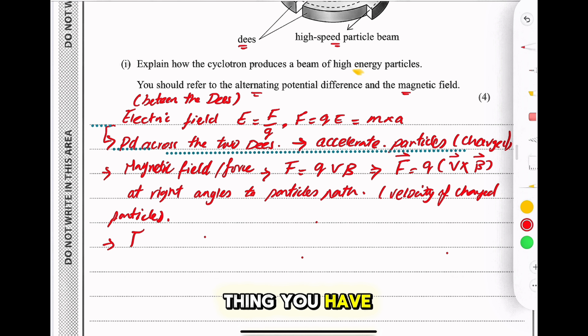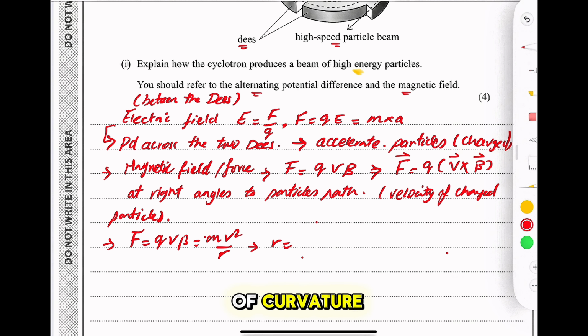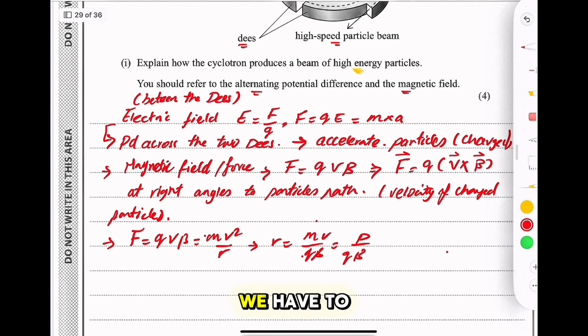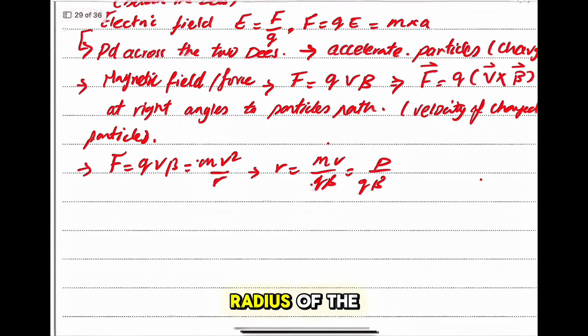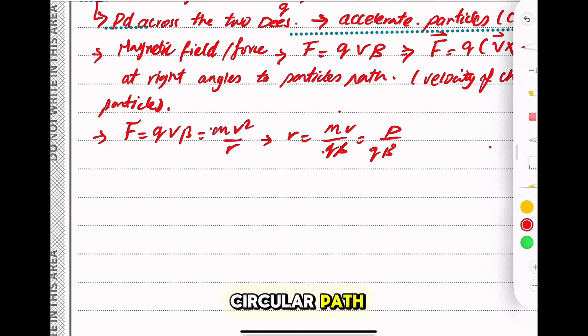There is one thing you have to know: F equals QvB, which is equal to mv squared over r. If you cross multiply as we did before, r equals mv over qB, which is momentum over qB. So the radius of curvature is the radius of the circular path.